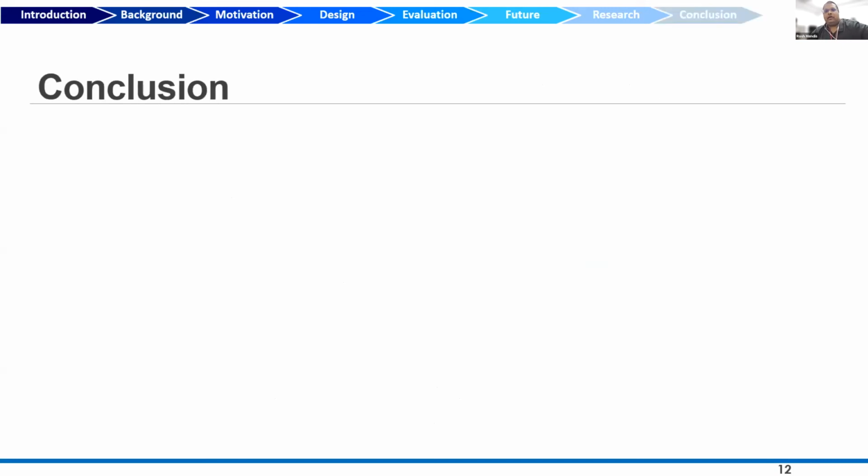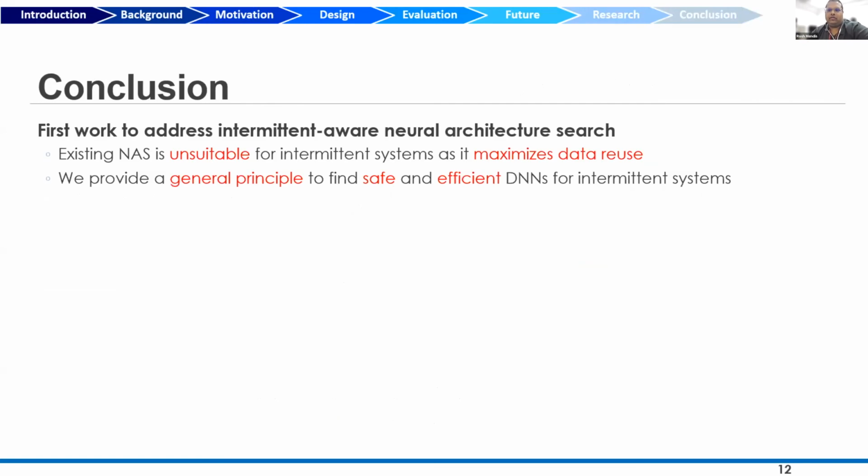And to conclude, we present the first work to introduce this novel problem of intermittent-aware neural architecture search. This problem arises due to the unsuitability of existing NAS for intermittent systems, and cannot be solved via straightforward extensions to existing NAS approaches.